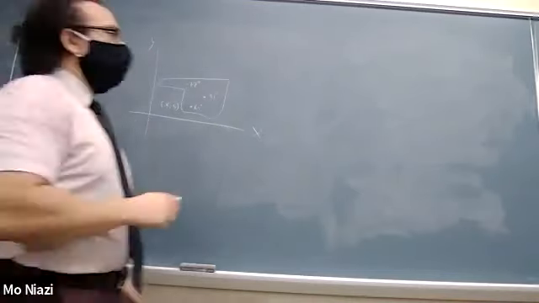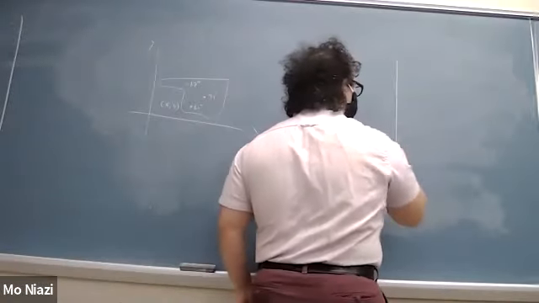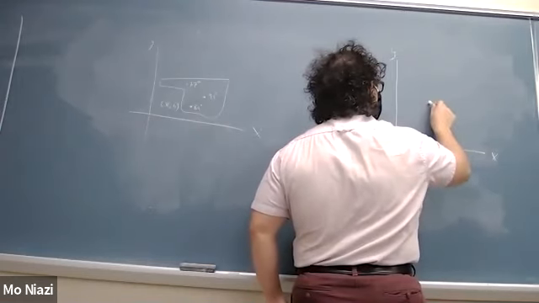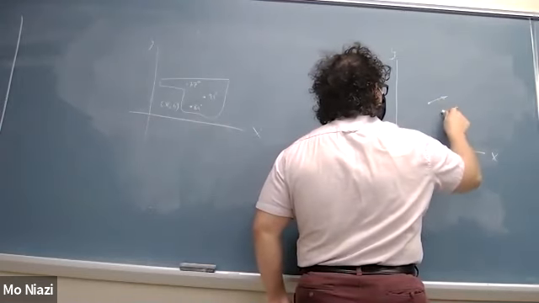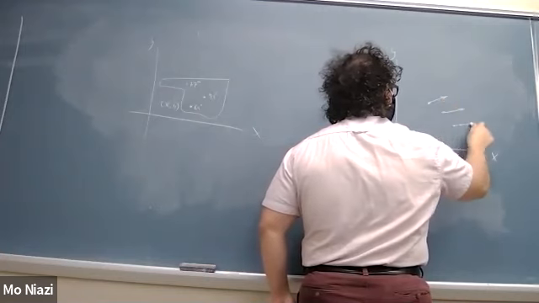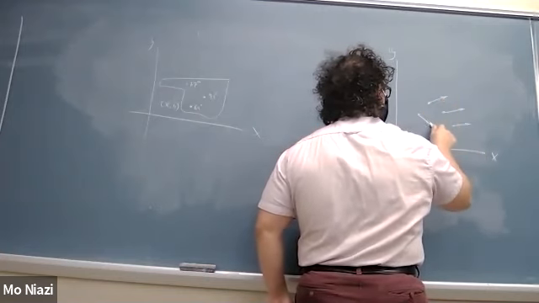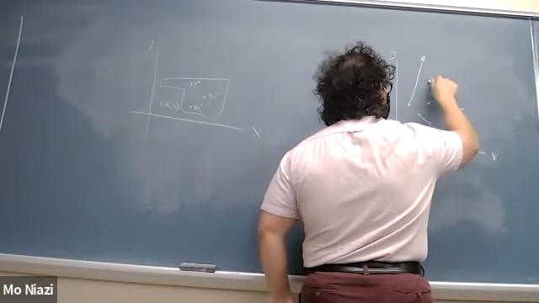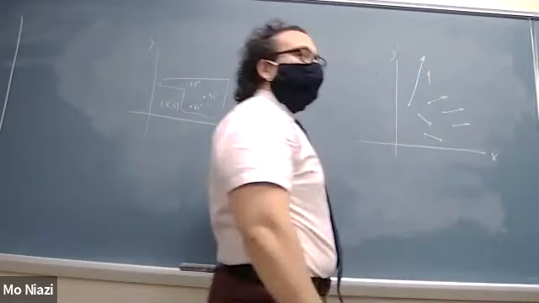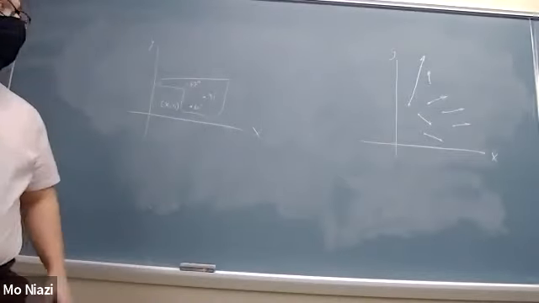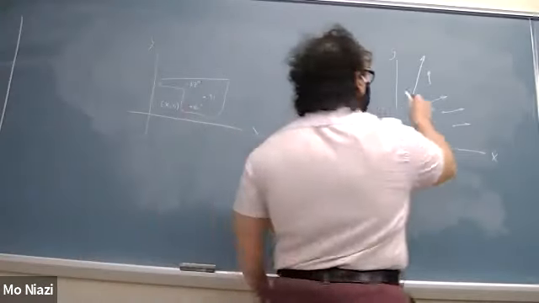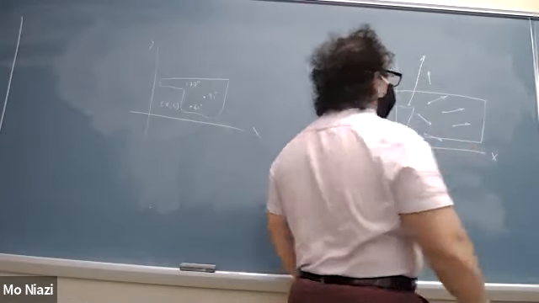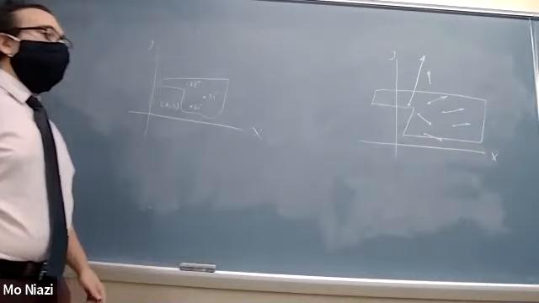A vector field is very much like that, except instead of for every point you have a scalar, for every point you have a vector. Something like that. Let's say this is like wind currents that are going on in Oklahoma, velocity speeds of wind.